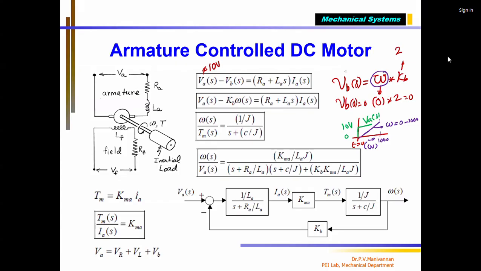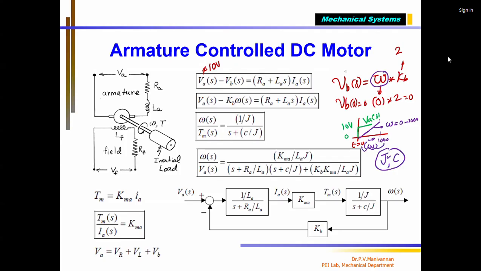With respect to time, omega started from 0 RPM because you applied voltage, a magnetic field was created, and because of the interaction the motor's armature starts rotating. But to reach 1000 RPM it may take some time. That depends upon the J value, J and C, inertia and friction at the bearings, which decide how long the motor will take to reach 1000 RPM. But it will start from 0 only.